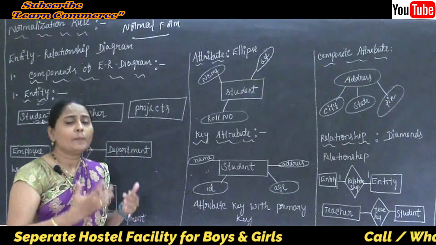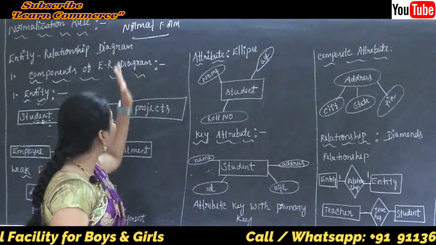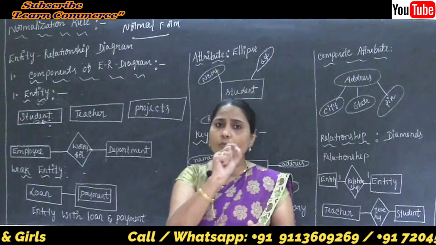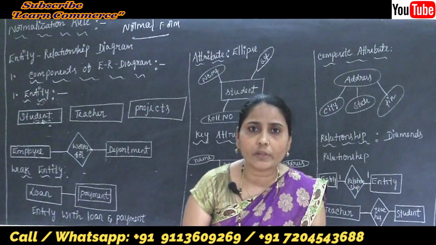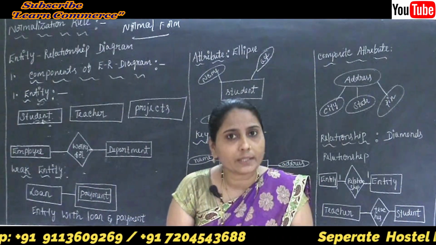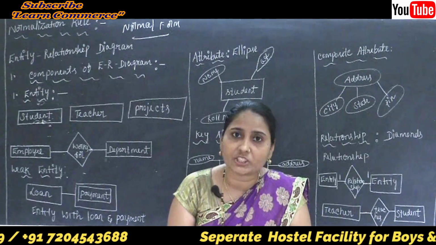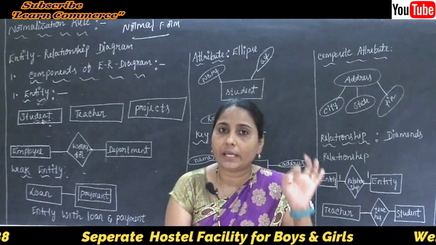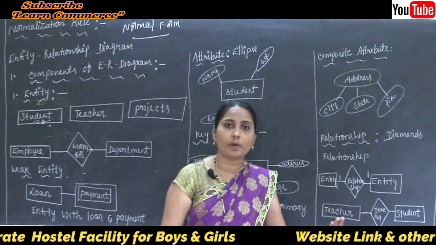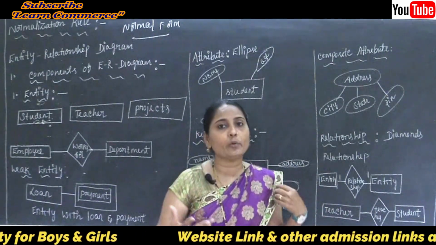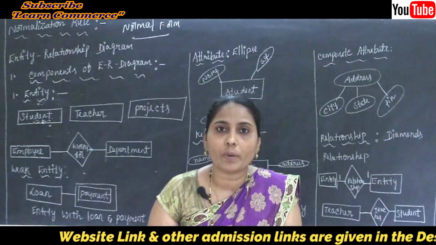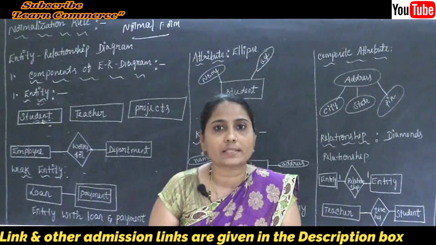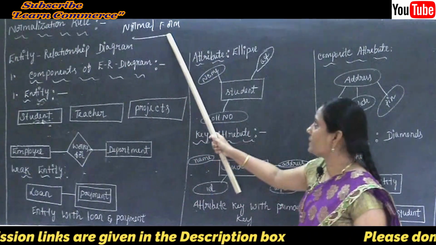For now, just understand the term normal form: there are so many rules in database normalization, and each rule is called a normal form.